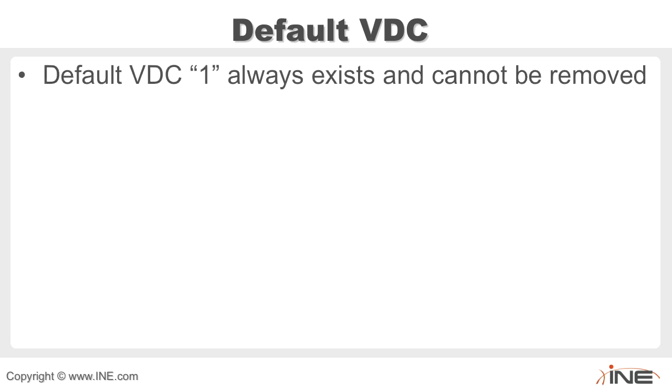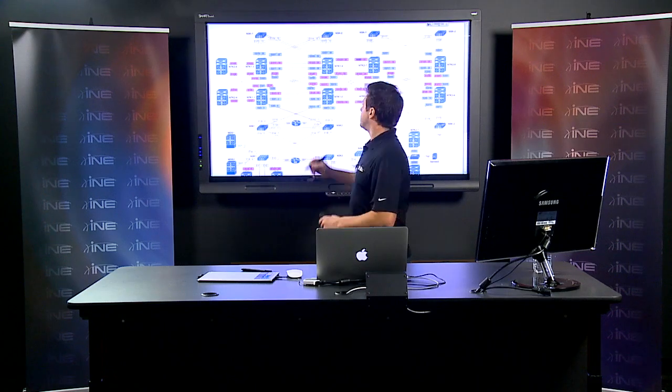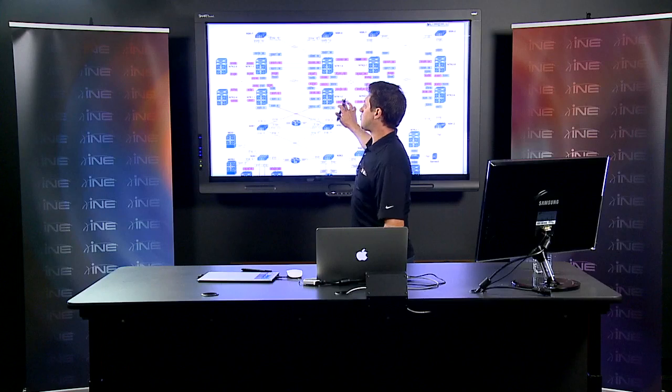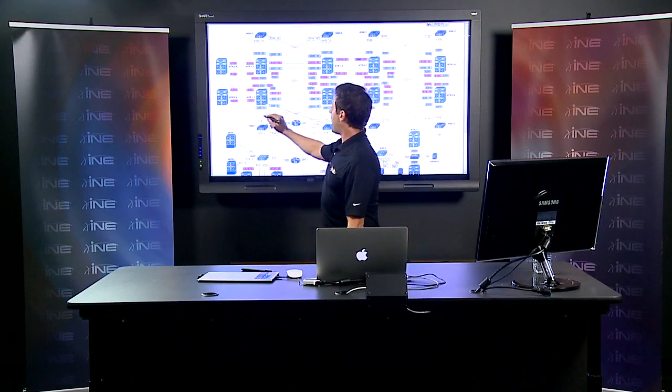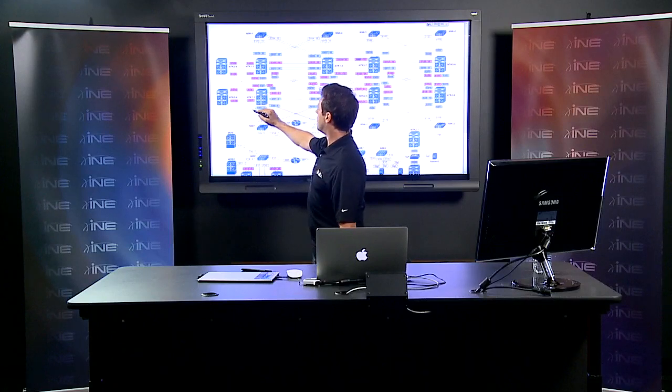So let's go ahead and take a look at the topology I have behind me, specifically for the different VDCs that we're going to be creating. So here we have the physical topology that Brian began showing earlier.